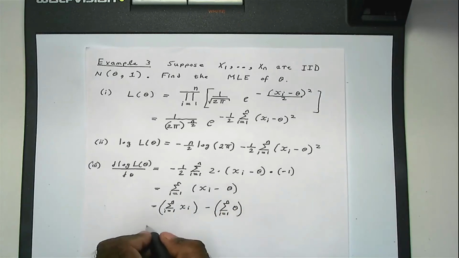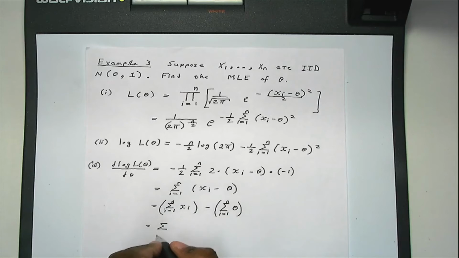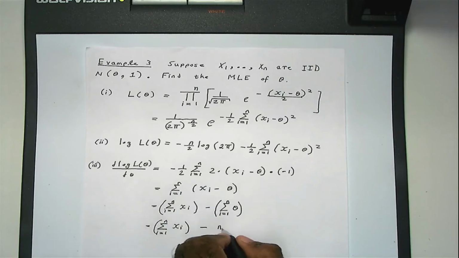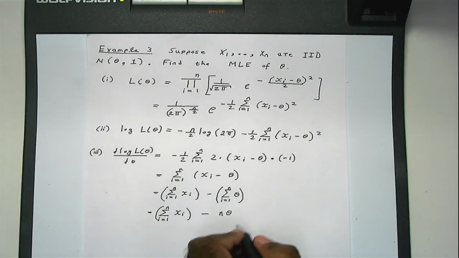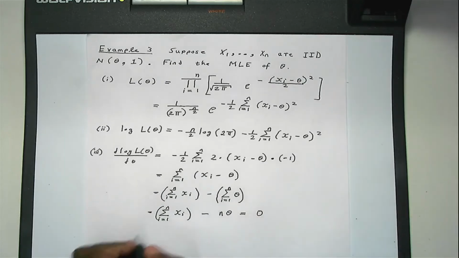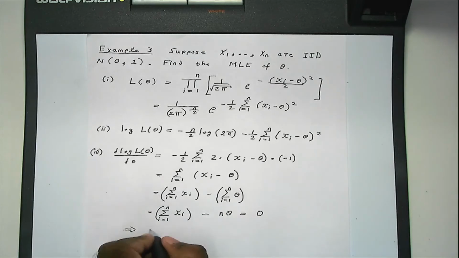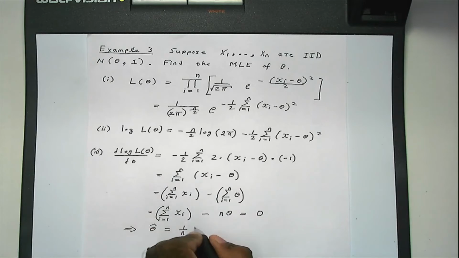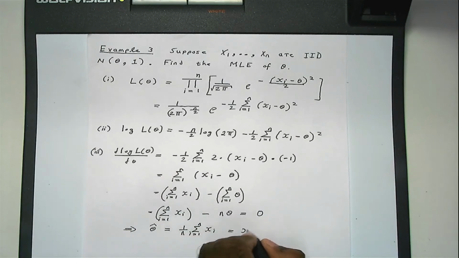So this is the sum of xi minus n theta. Right, and you set this to 0 and solve for theta. So you get theta hat, the root, equal to 1 over n times the sum of xi, which is the sample mean.